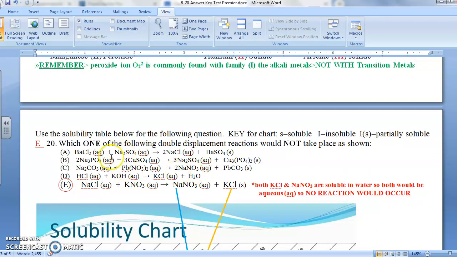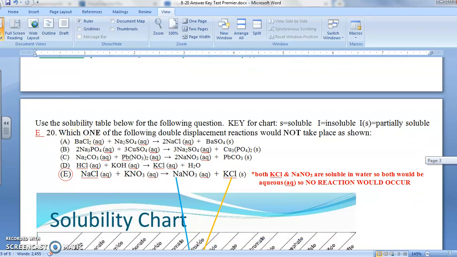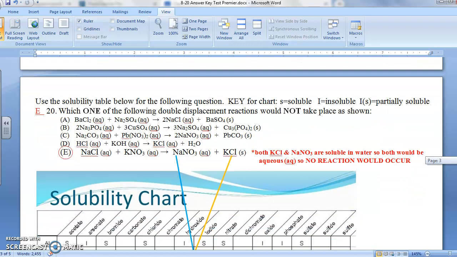So when we mix these solutions together, we have barium ions floating around with chloride ions, which are now floating around with sodium ions and now floating around with sulfate ions. The sodium ions can bump into the chloride ions. If they do, would they form a solid that water could not keep pulled apart?